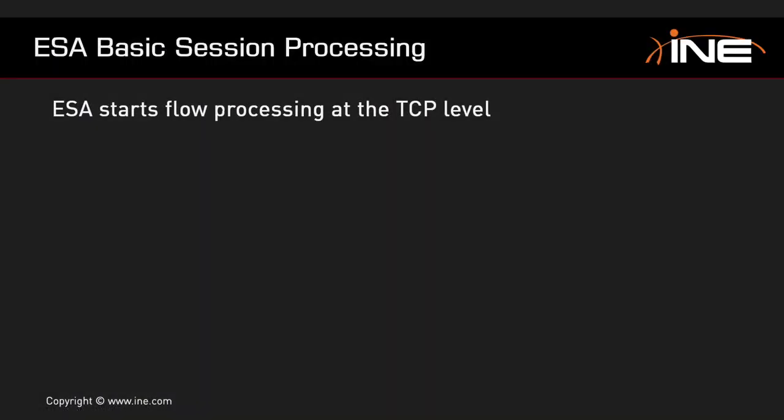Okay, so before the actual message processing starts, before ESA even considers the sender of a message, before it selects the policy, the device is going to look at the connection more from a level 4 perspective.